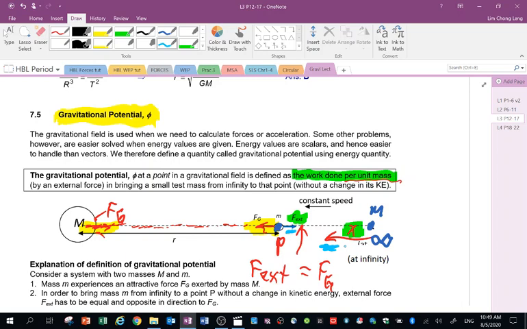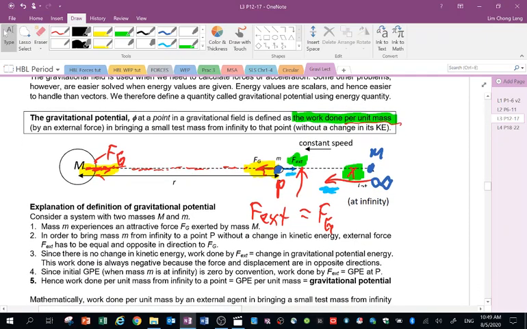Okay, so let's look at the explanation of gravitational potential here. We are aware that mass m is experiencing an attractive force exerted by mass big M. As you bring mass m from infinity to point P without any change in KE, the external force which is provided by the imaginary giant is opposite to the direction of the pull of gravity, and it is also opposite to the displacement.